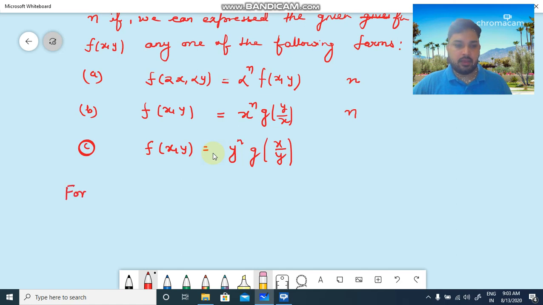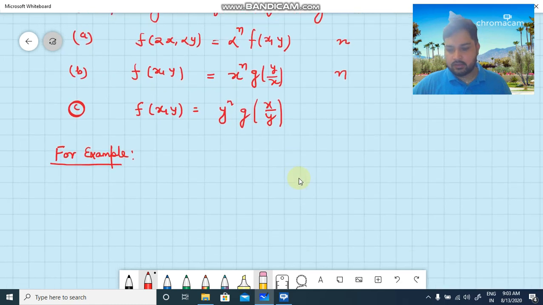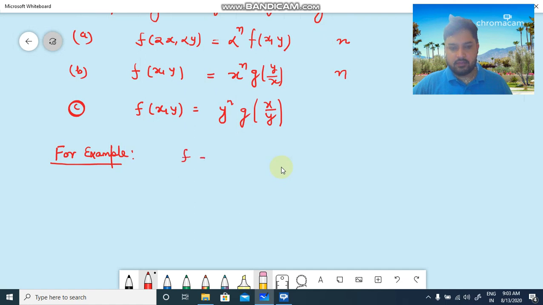We can understand this concept with the help of some examples. Suppose we want to check the function f equal to x square plus y square. Is it homogeneous or not? First of all, we will write f(αx, αy), which will be equal to α square x square plus α square y square.